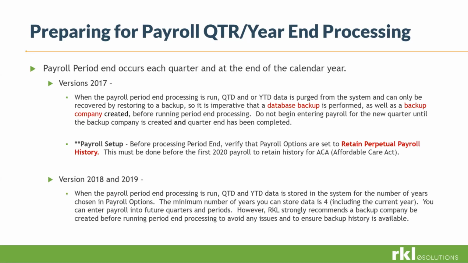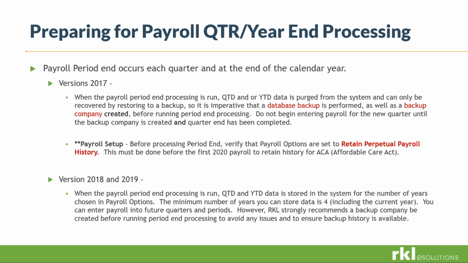So a backup is critical when performing year end, but also when performing quarter end throughout the year. And you don't want to start entering payroll for the new quarter until the backup company has been created and the year end has been completed.